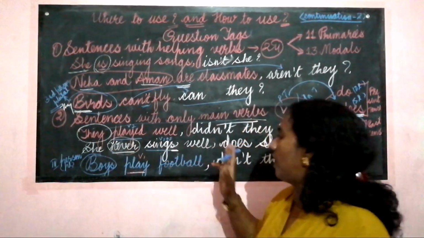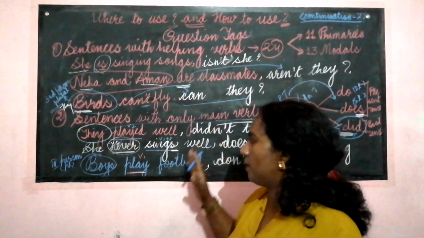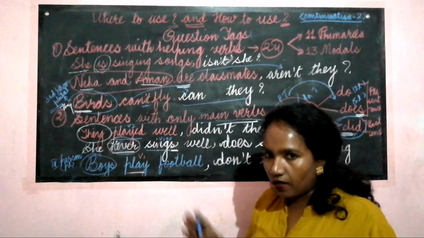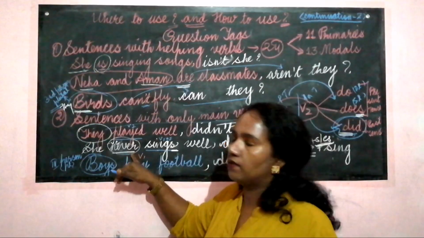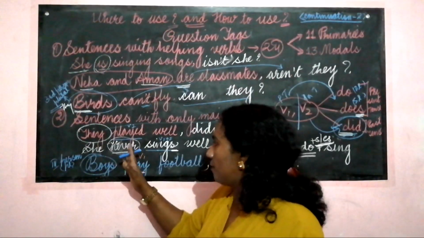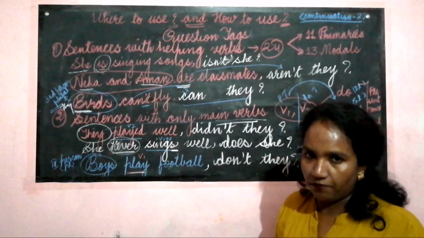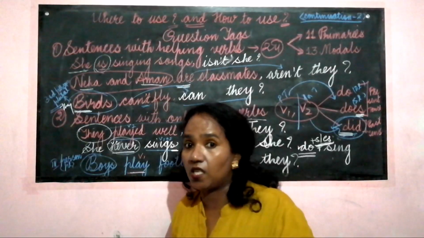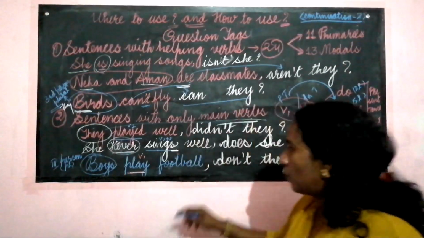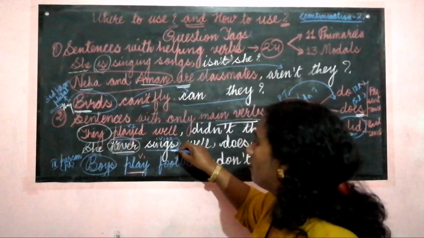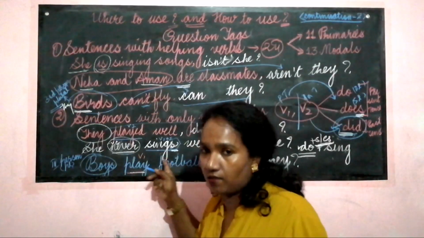She never sings well. In this sentence, the word not is not there, but there is a negative word, never. Never tells us that the sentence is negative. Therefore, first, we have to make a positive tag. Second, sings means does plus sing is equal to sings. When we have s in the verb, it means there is does in it.